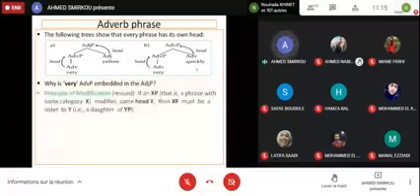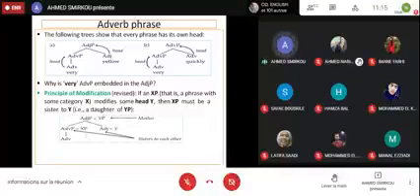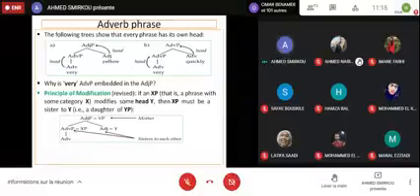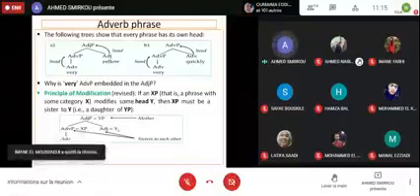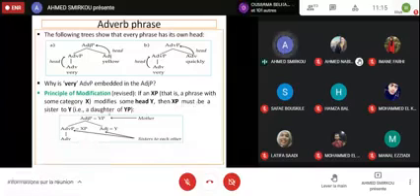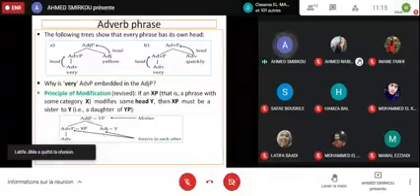Now, principle of modification. If an XP, this is the XP, the adverb phrase, modifies some head, this is the head, Y, then XP must be sister to Y. They are sisters to each other, and daughters of the adjective phrase.